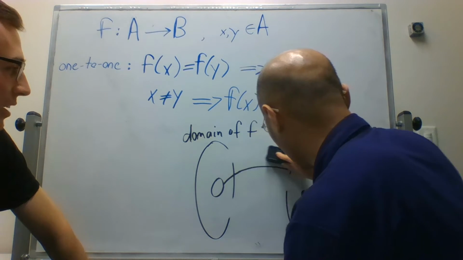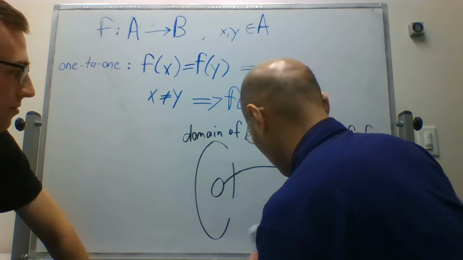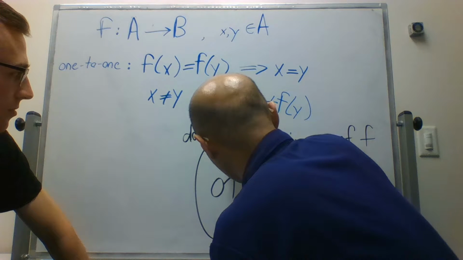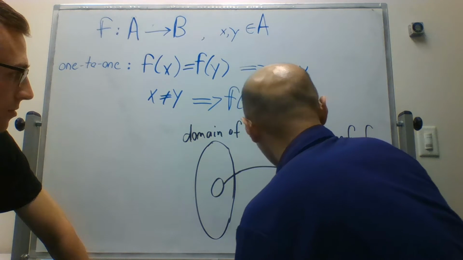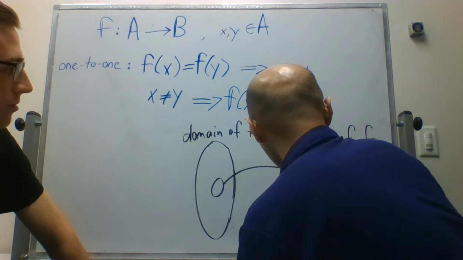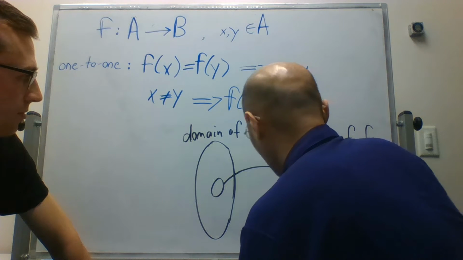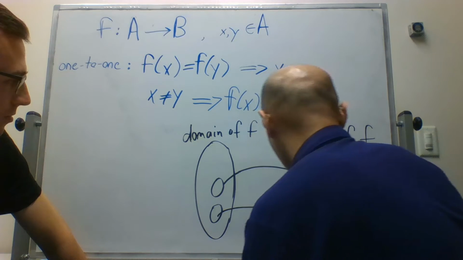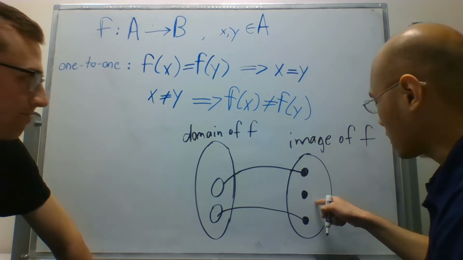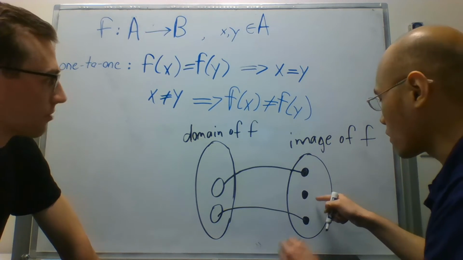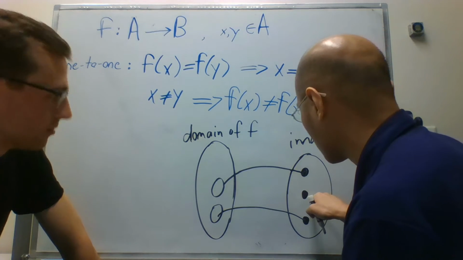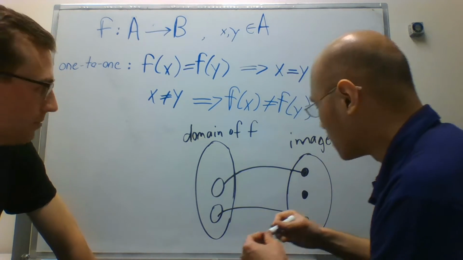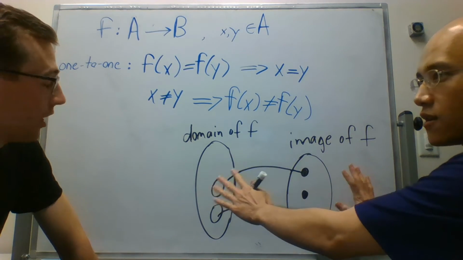So here's the domain, and here's the image. Let's say I have another element here that maps to this. Okay. But this element here is orphaned. There's no connection between this element and any element here. This is still a 1-to-1 function. Oh yeah, it's still 1-to-1.